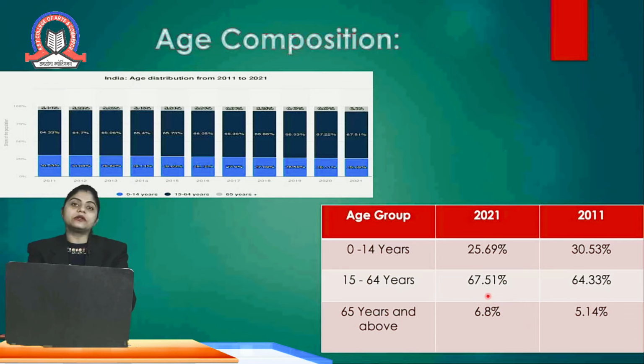Approximately 32% of the population is either 0 to 14 years or 65 and above, which is a good number of the dependent population, or we can say the young future of our country. That is age composition.